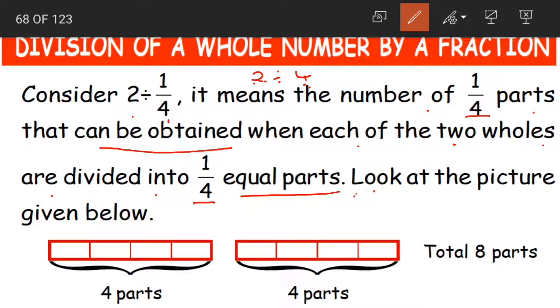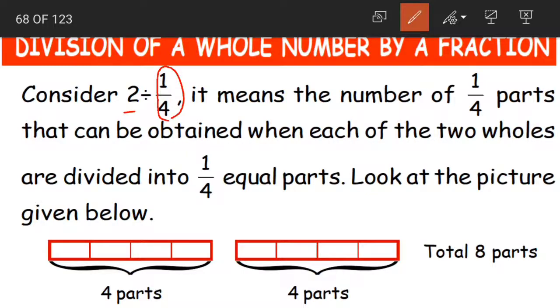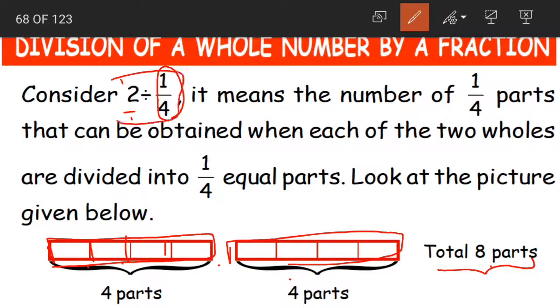What does that mean, children? How 2 is to be divided into 1 by 4 parts. We have 2 wholes, each to be divided into equal 1 by 4 parts. Upon dividing, how many parts will we get? That we'll get to know by this division, 2 divided by 1 by 4.